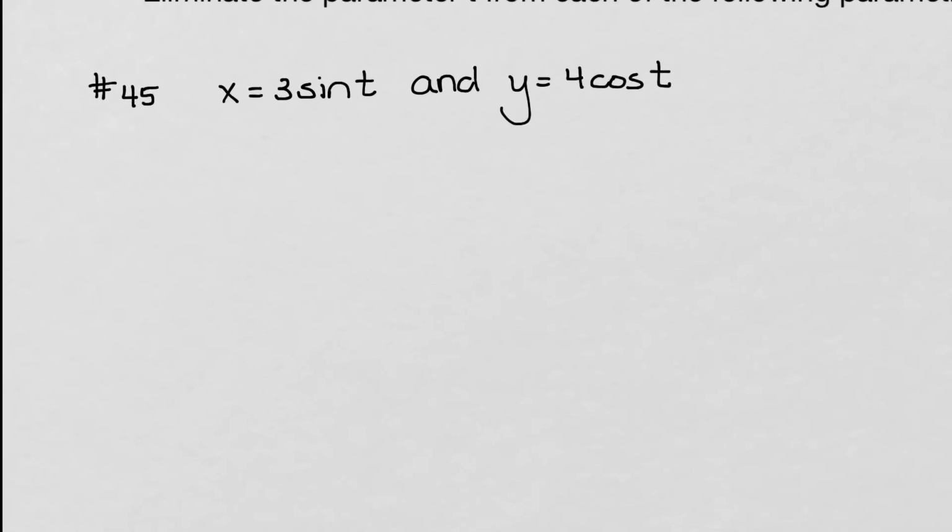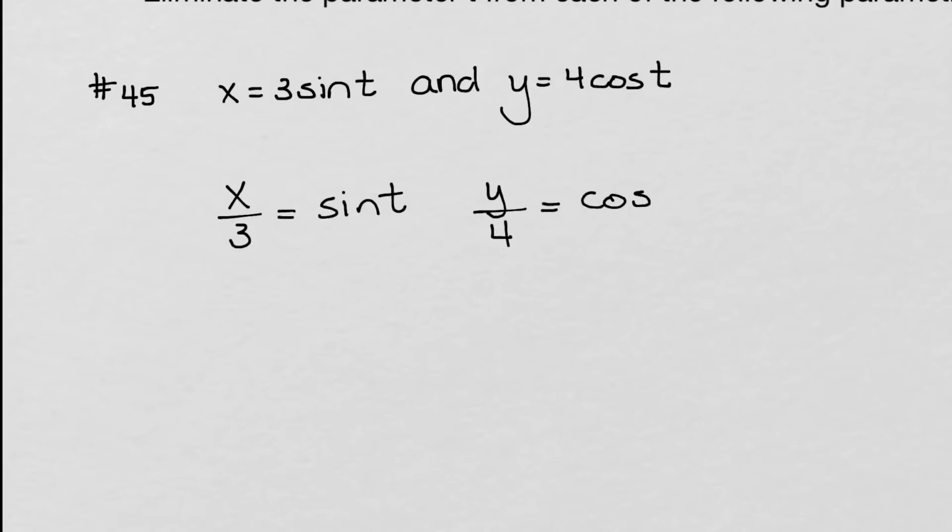What I'm going to do is take x equals 3 sine t, and divide both sides by 3 so that I have x over 3 equals sine t, and I'm going to leave that alone for the moment. And I'll do the same thing with the other equation, so y equals 4 cosine t becomes y over 4 equals cosine t.